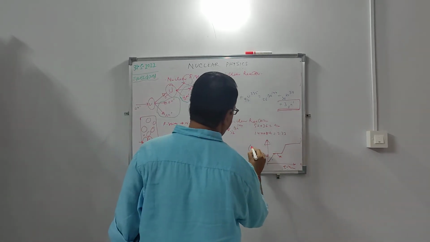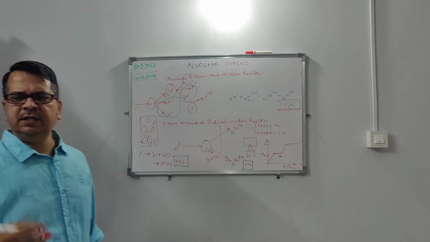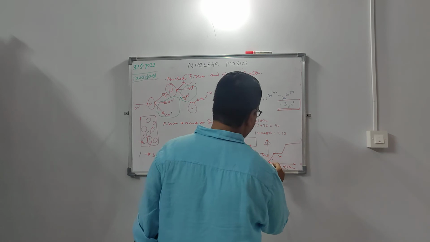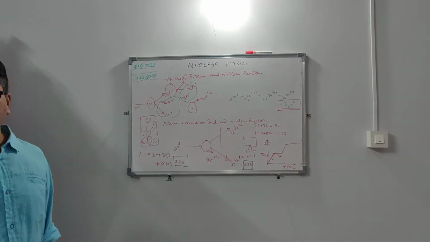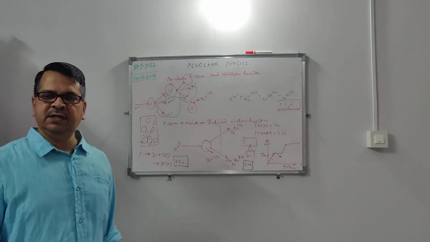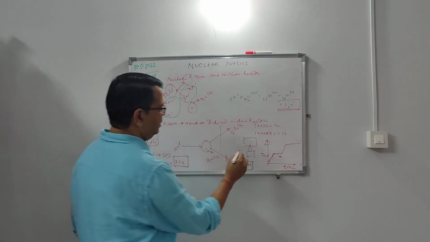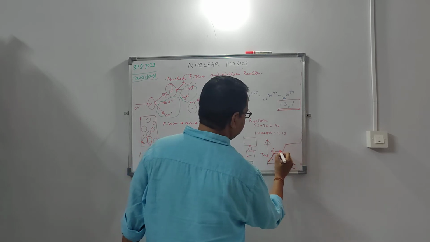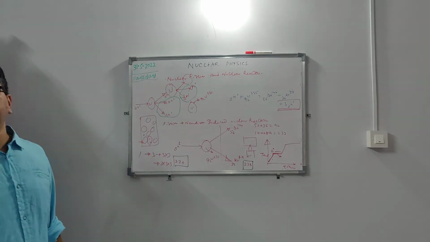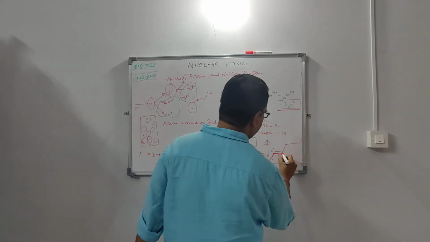If I am heating something with some heat source, let us say this is an ice block, a solid, at minus 10 degree centigrade. When you are heating, with respect to time the temperature will increase. Then at 0 degree centigrade, this will try to melt. The amount of heat that is consumed for completely melting the solid to liquid is called latent heat of melting.